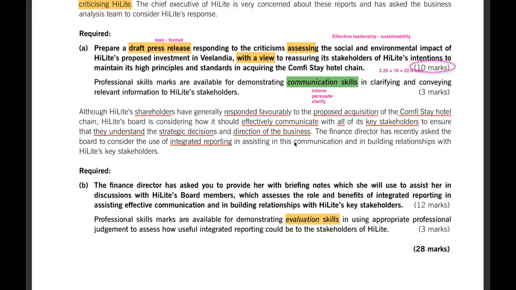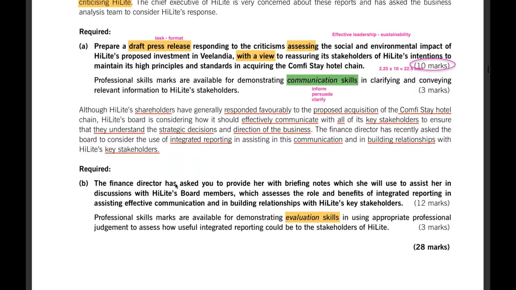All right. So it's talking about what? Communication and building relationship with key stakeholders. So what are you supposed to do?